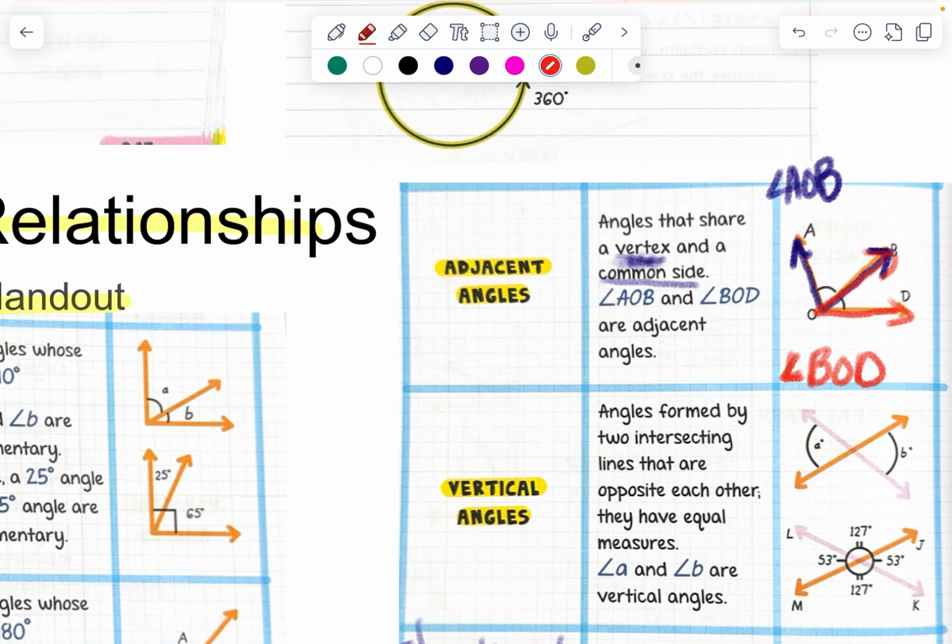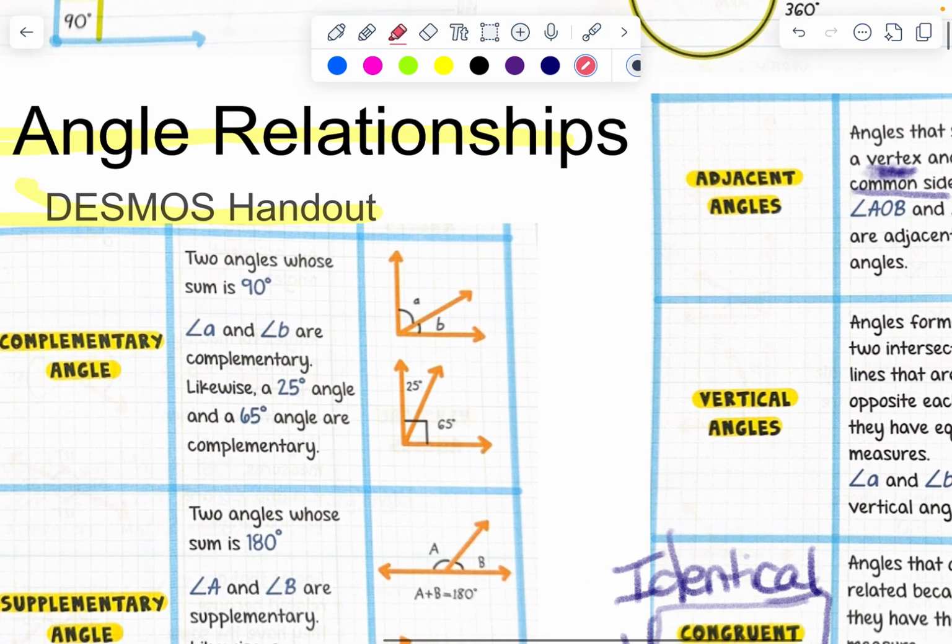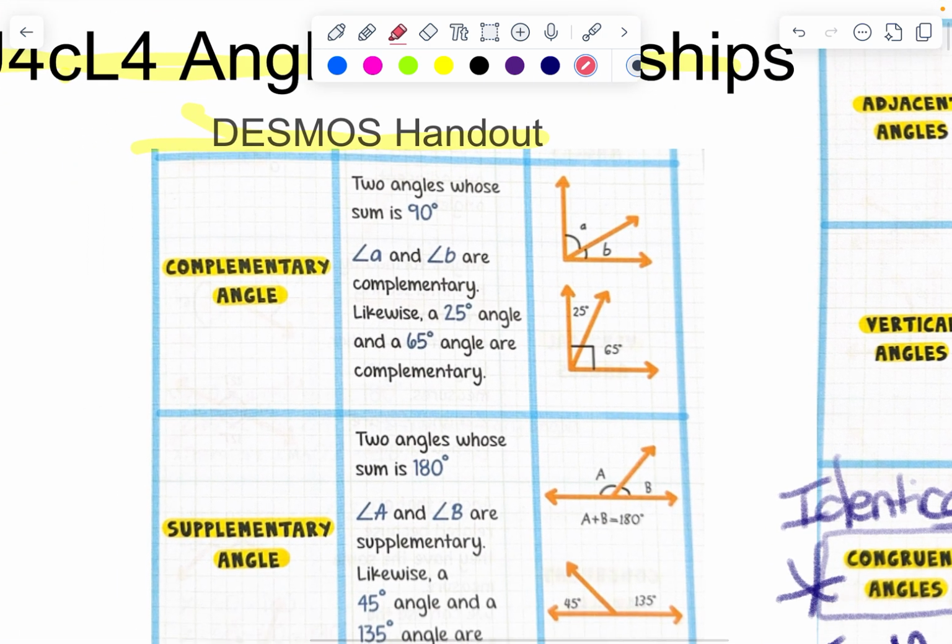Those are 2 separate angles, but they share a vertex. And if you notice in the writing of those angles, the middle letter is the same. They share a vertex, but they have different legs or arms, and then they have one side that is the same. So this side right here, that ray OB, they share that, and those are called adjacent angles. They sit right beside each other.